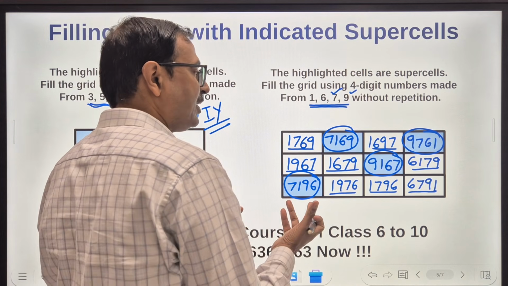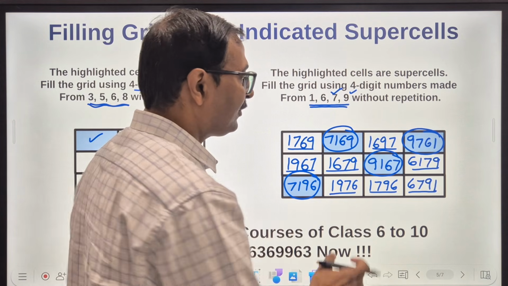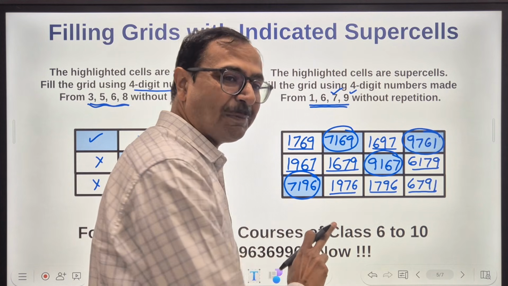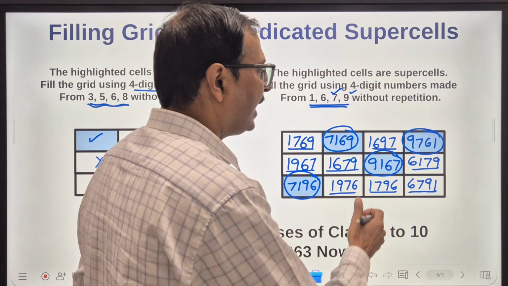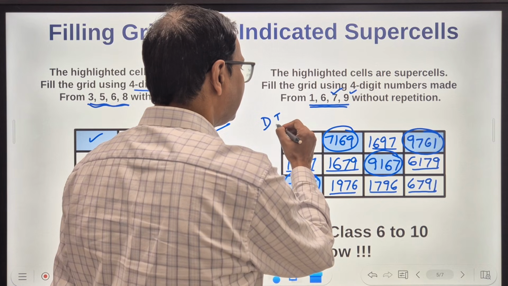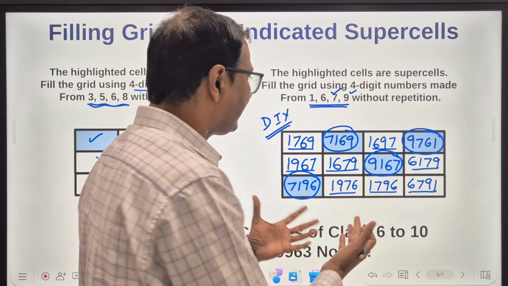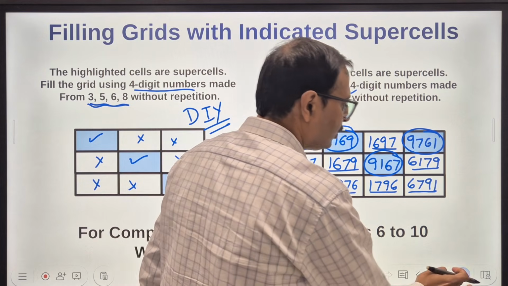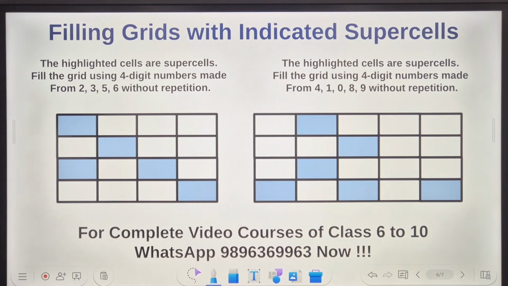If we have done some repetition, then we need to change the number. If the non-highlighted ones become supercell again, then we have to change the number. So I want you to try as a DIY exercise whether we have committed any error in this or not, and then we can try to do some more questions like this.